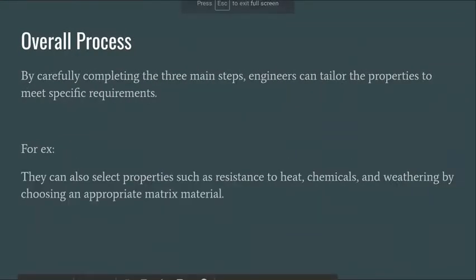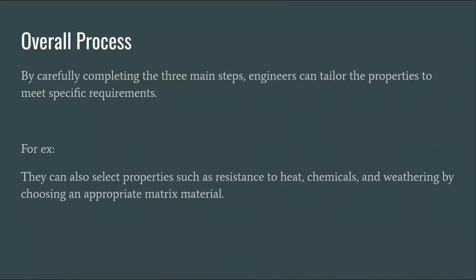So the overall process of making a composite really is done in a certain way. By carefully completing the three main steps that I briefly just went over, engineers can tailor the properties of each material to meet specific requirements.